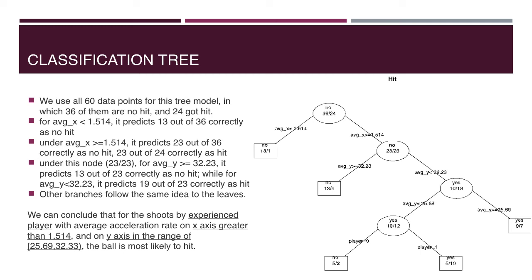Based on the results from this classification tree, we can conclude that for shots by an experienced player with average acceleration on X greater than 1.514 and on Y in the range of 25.69 to 32.33, the ball is most likely to hit. As you can see in the tree, the top node represents the 60 data points we use for this tree model, and 36 are no hit and 24 are hit.